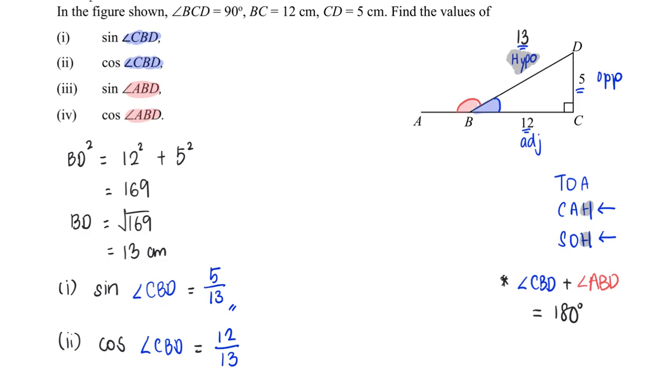Okay, this is important. This means that they are supplementary angles, and there is a special relationship about these supplementary angles for sine and cosine ratio, especially when we know that this is my obtuse angle and this is my acute angle.